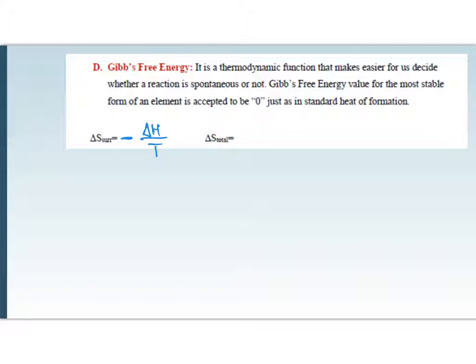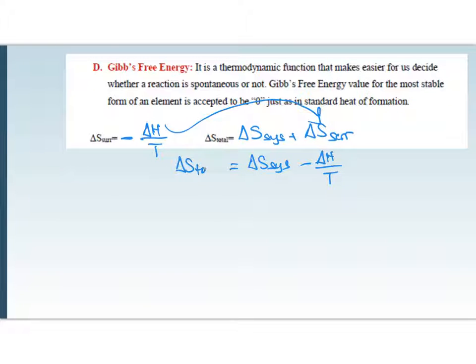Now, delta S total was delta S system plus delta S surrounding. So when you write this formula, instead of that delta S surrounding, it's going to be delta S system minus delta H over temperature. So this is delta S total.